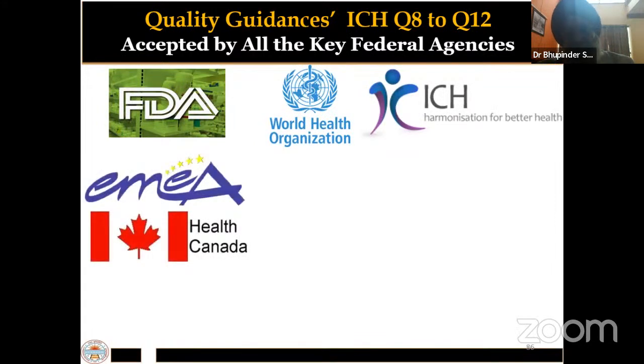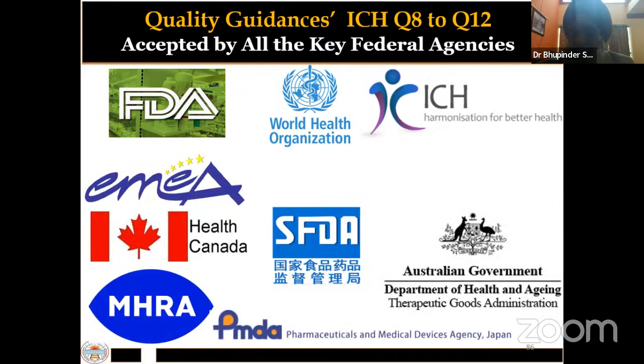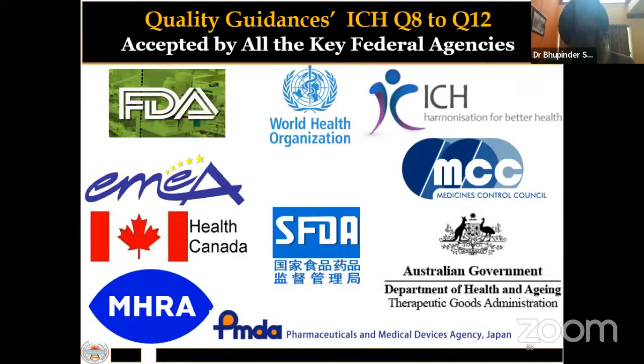So today, it's not only the FDA or ICH which are implementing QBD guidelines: WHO, EMEA, that's Europe, MCC, that's South Africa, SFDA, that's China, Health Canada, Australia's TGA, MHRA, UK, PMDA, Japan, and many other countries are implementing QBD guidelines.